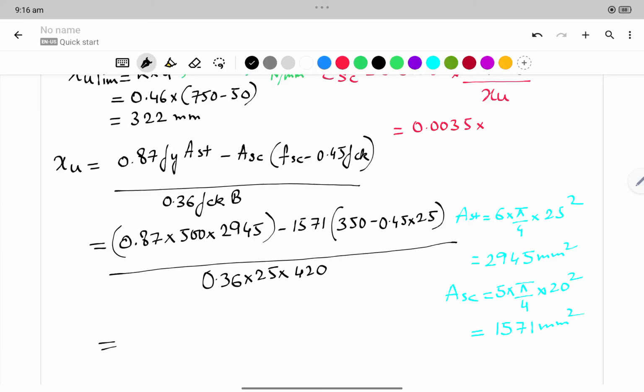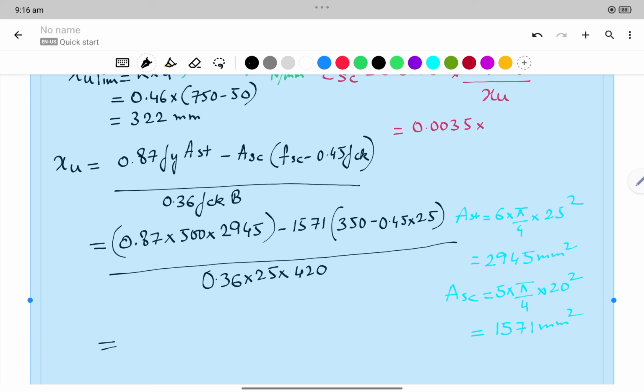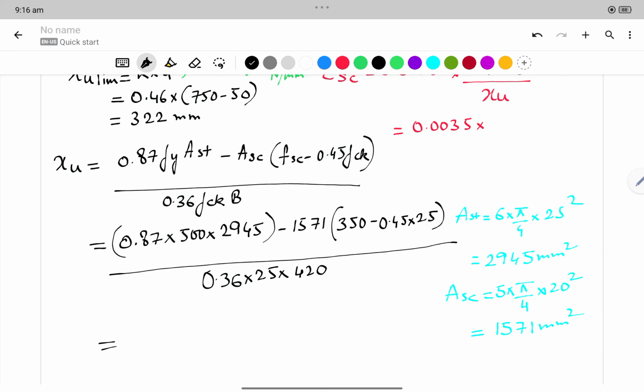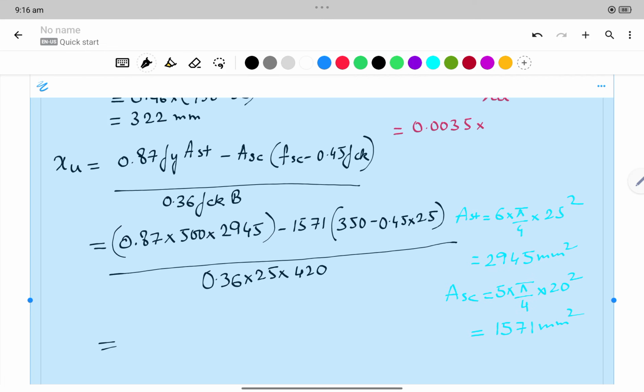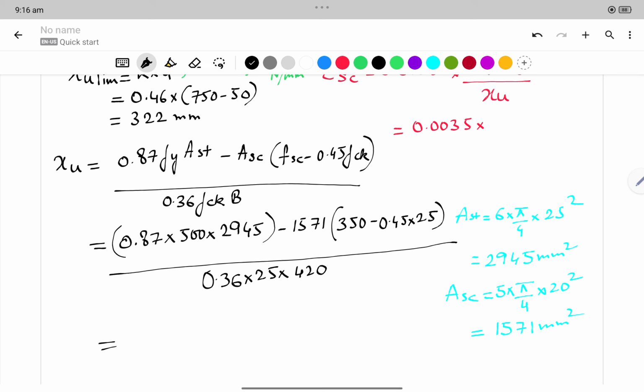350 minus 0.45 into 25 into 1571, bracket 0.87 into 500 into 2945 minus answer, divided by bracket 0.36 into 25 into B. So it is coming as 198.